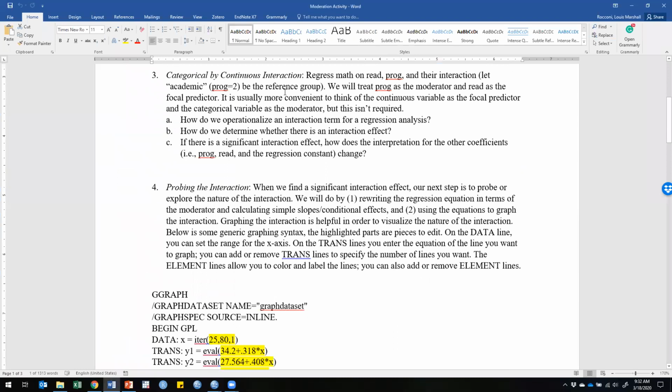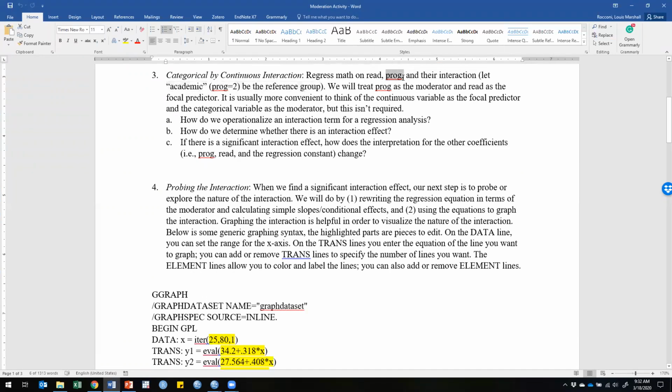So number 3, we want to examine a categorical by continuous interaction. And so we want to regress math on reading, the type of academic program, and their interaction. And here I said, let's let academic prog equal 2 be the reference group.